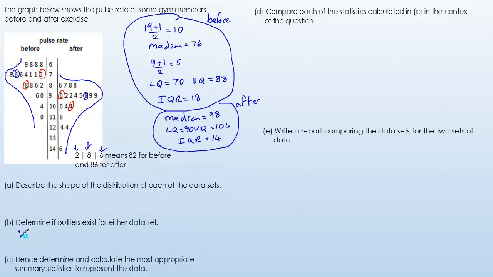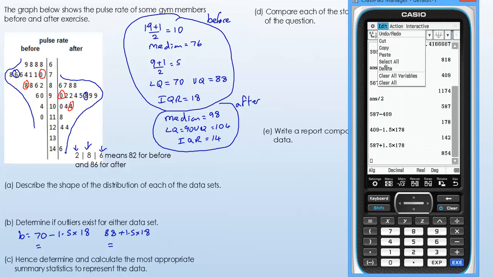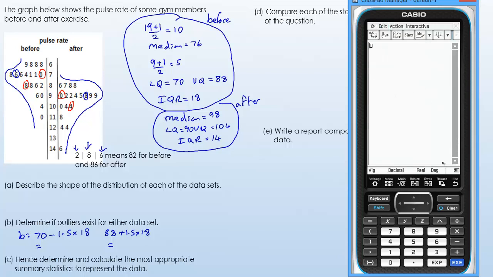If we look at the before data, we do the lower quartile, take away 1.5 times the interquartile range, and also we need to do the upper quartile, add 1.5 times the interquartile range. So let's see what those give me. So I need to go back to main. Let's just clear all the previous calculations I've got there.